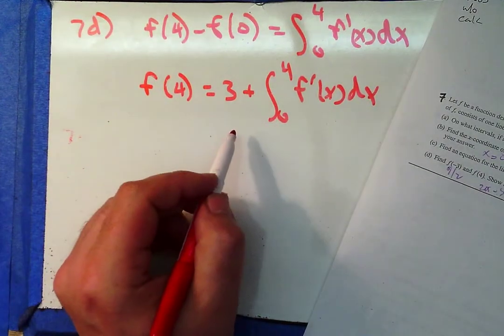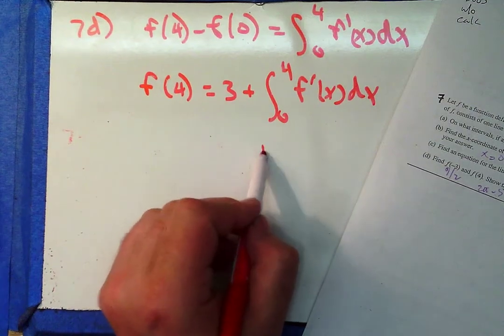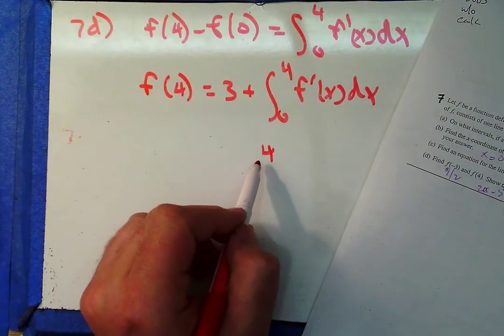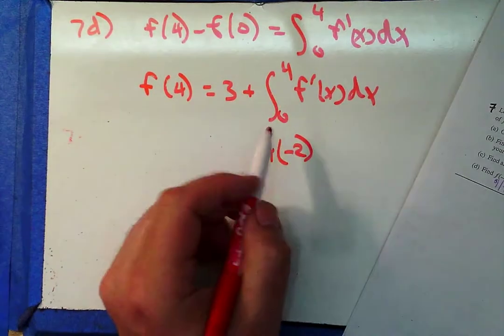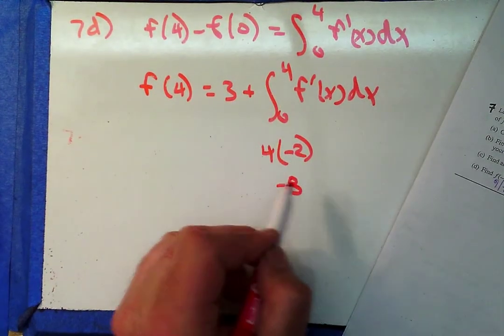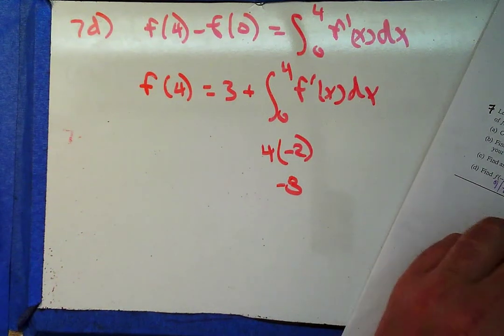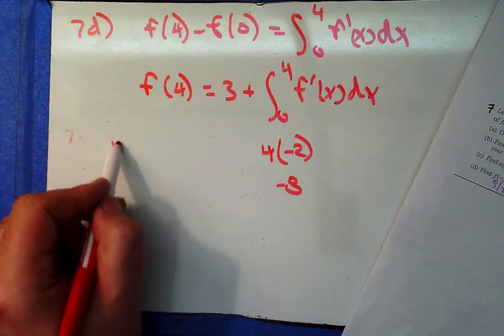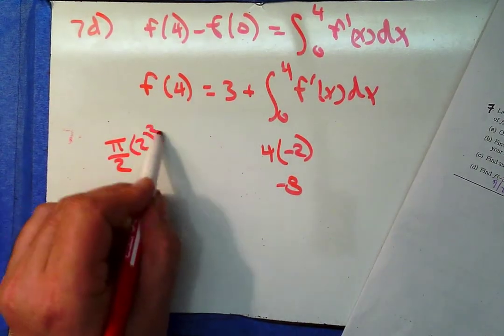Okay, so that rectangle has a length of 4 and a width of negative 2. And that means negative 8. Now the area of the circle, well, it's only half a circle, but the radius of that circle is 2. So pi times 2 squared.